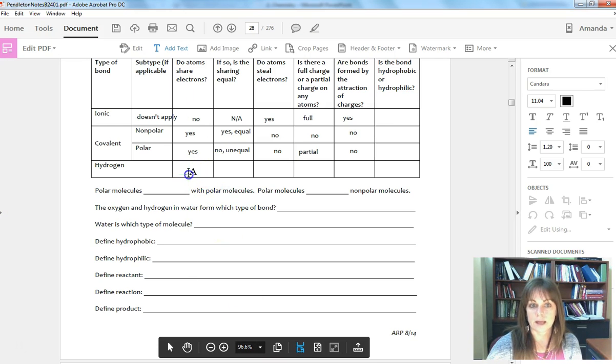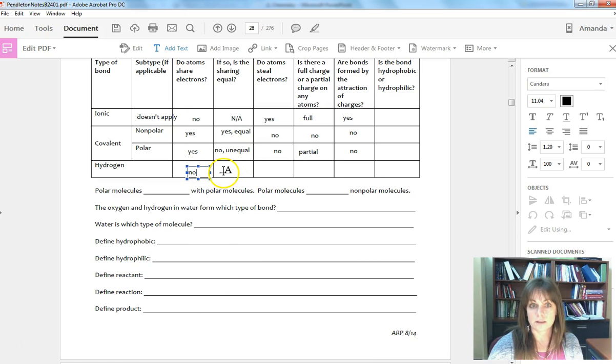So do atoms share electrons? No, not across that hydrogen bond. So this one doesn't apply. Do atoms steal electrons? No, there's no movement of electrons across that dotted red line. I'm going to have you not fill in this one.